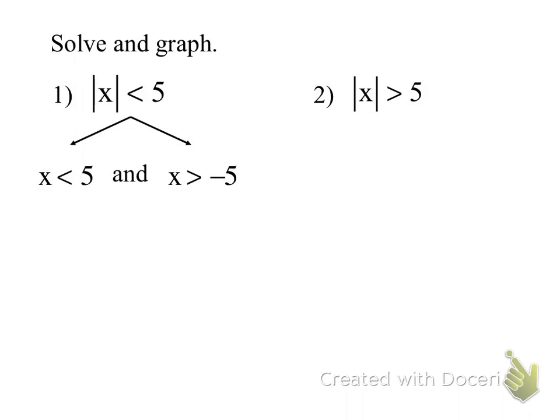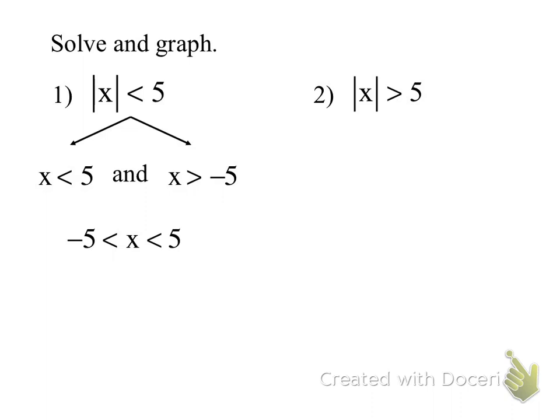Negative 5 is less than x, which is less than 5. Perfect. Let's just double check. X is less than 5. That open area should be near the 5, yes. And this one with negative 5 should be the small point touching it. That's right.